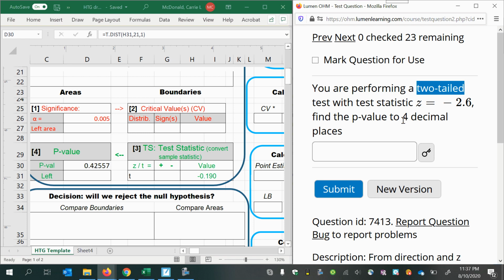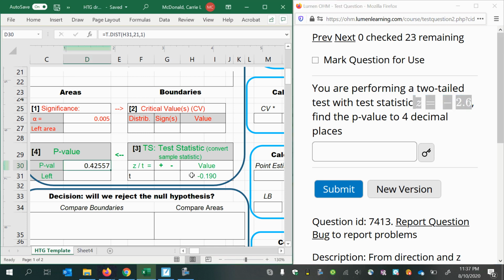We'll do z-score for this one, as it's given here that our test statistic is negative 2.6. Go ahead and put that in, negative 2.6, and my value is a z-score, so I'm going to use the normal cumulative distribution function rather than the t cumulative distribution function, so norm.dist rather than t.dist.